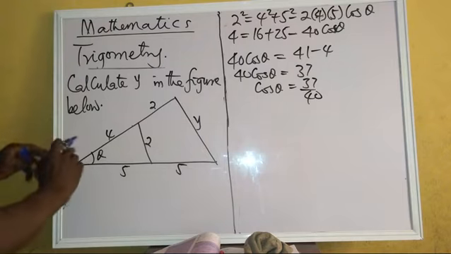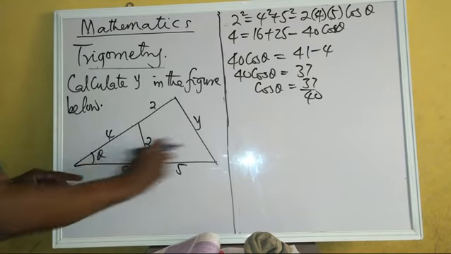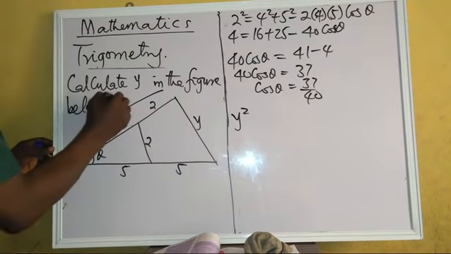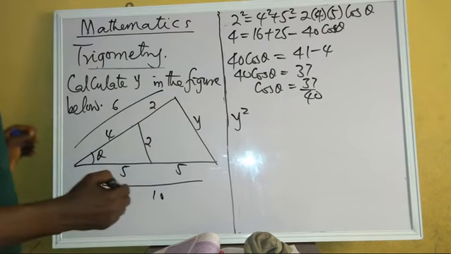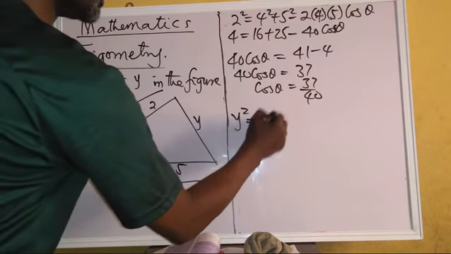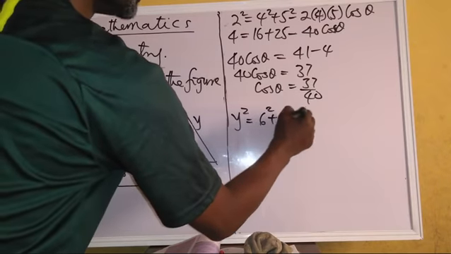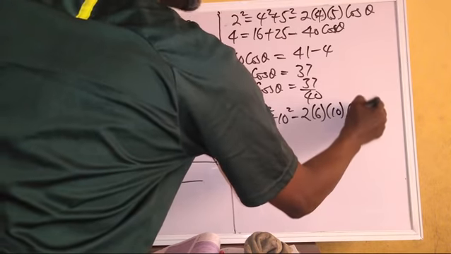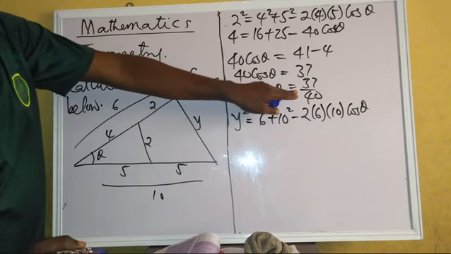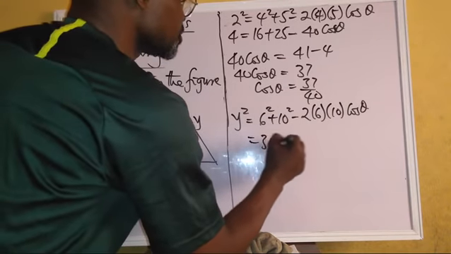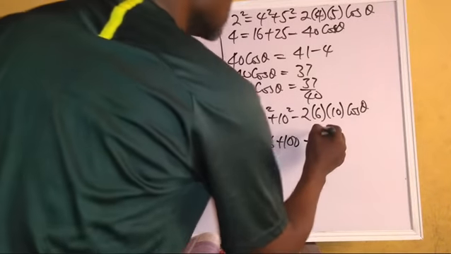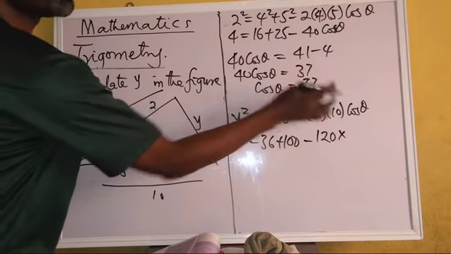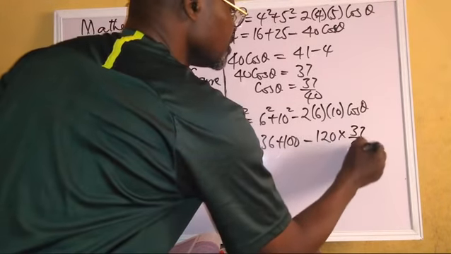From there, we now look at the bigger triangle. Based on this bigger triangle, using the cosine rule, y squared, where the whole of this length is 6 and the whole of this one is 10, will be 6 squared plus 10 squared minus 2 times 6 times 10 cos theta. And remember, we have found cos theta here. That means we have 36 plus 100 minus 120 times our cos theta, which is 37 over 40.